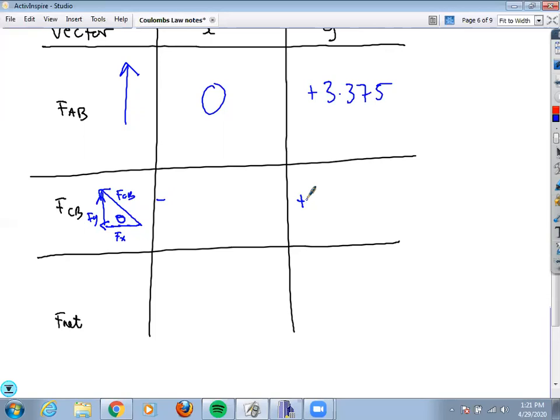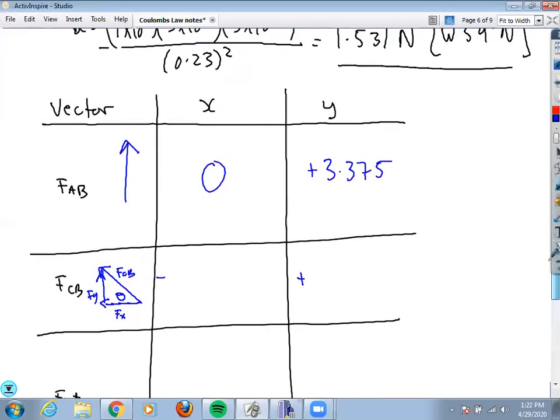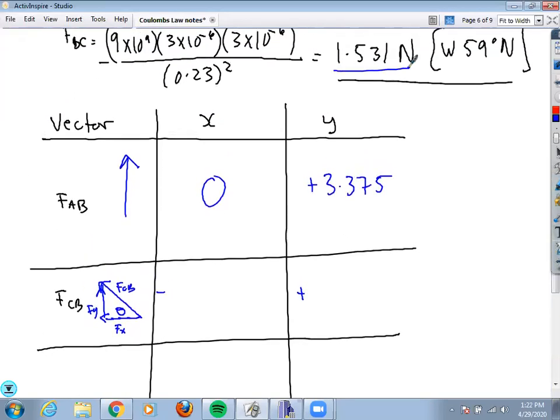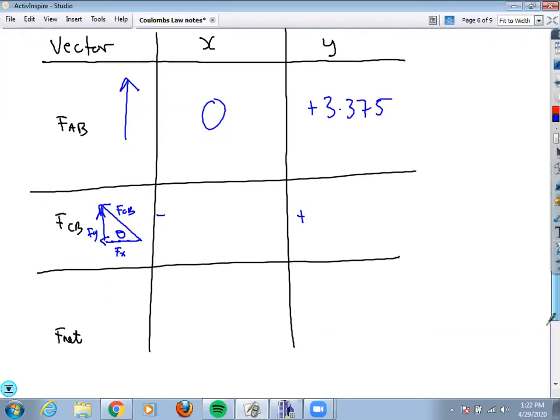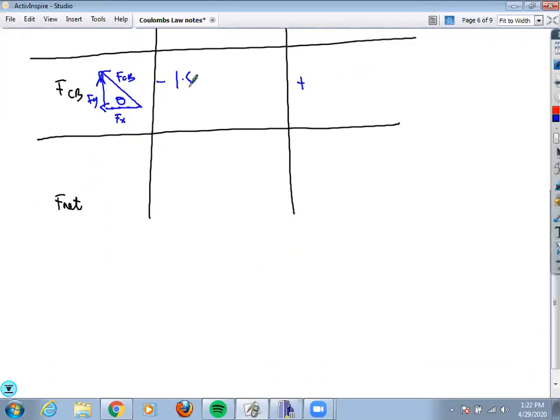X is adjacent, so it's going to be cos. So the x component will be negative 1.531 times cos 59. And the Fy will be positive 1.531 sine 59.